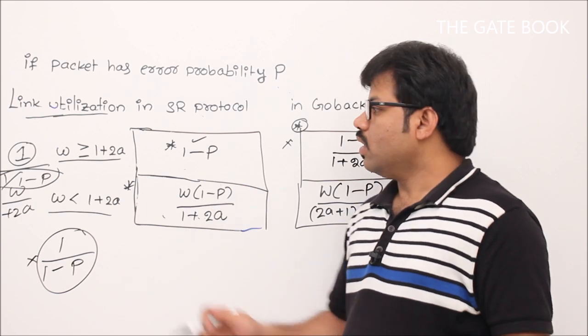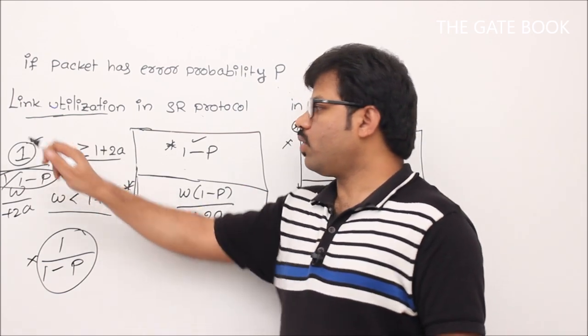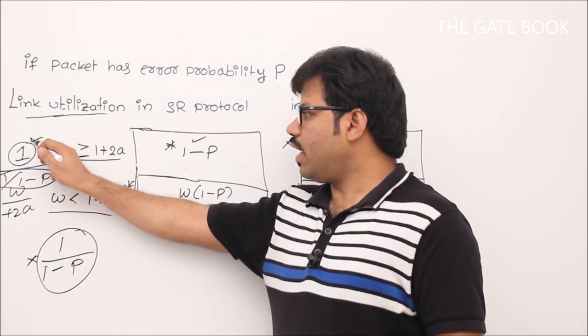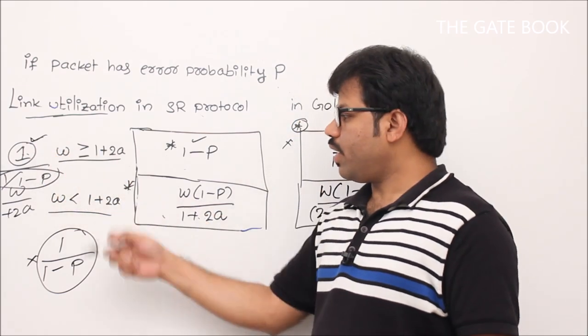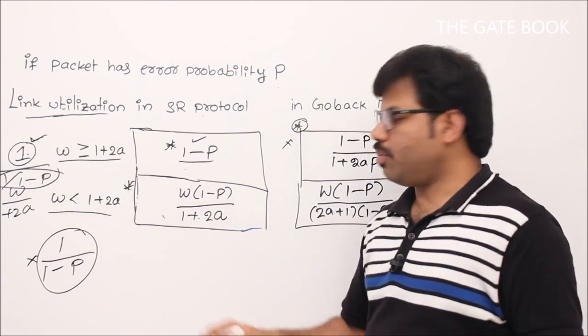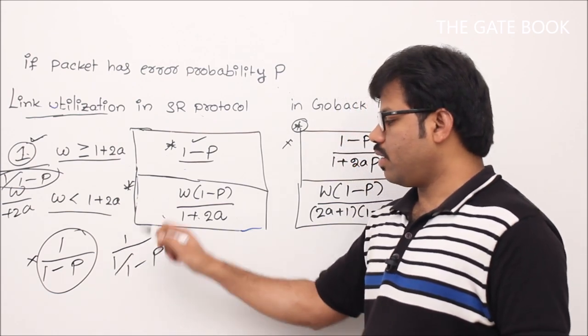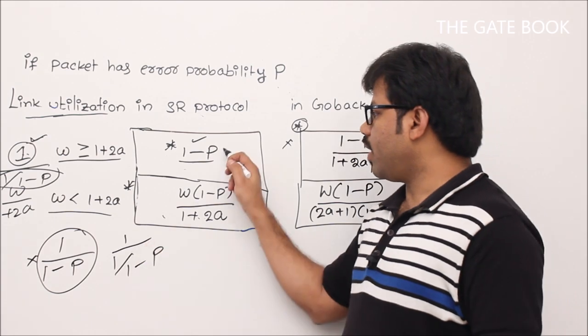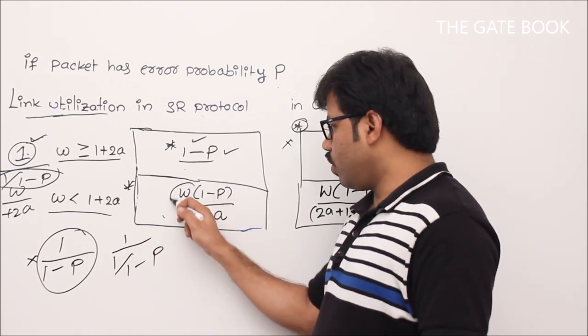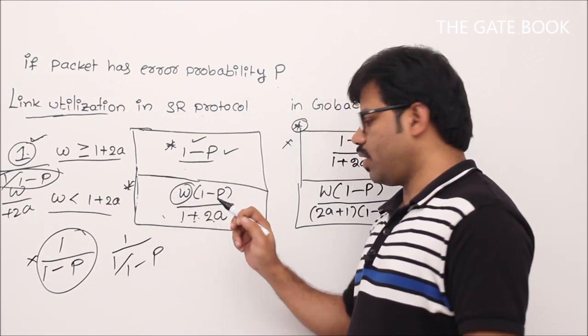Let's remember them. So how to remember them, I will tell you. In SR protocol, if your link utilization is 1, then that is going to be reduced by a factor of 1 minus P. That means simply divide that utilization by 1 by 1 minus P, so it will become 1 minus P. Now here also, your utilization was W by 1 plus 2A, when W is less than 1 plus 2A, right?